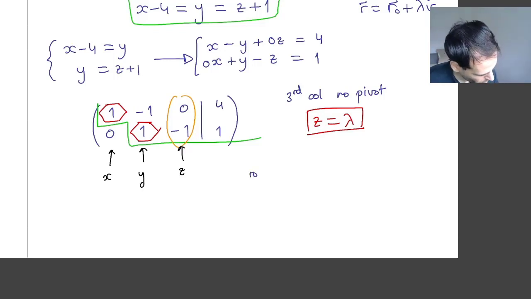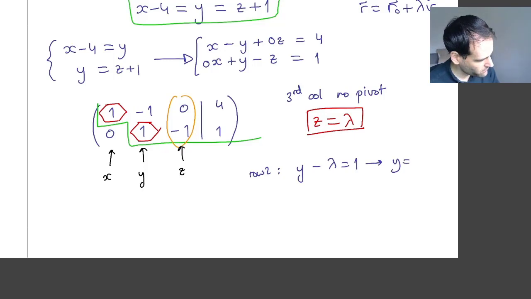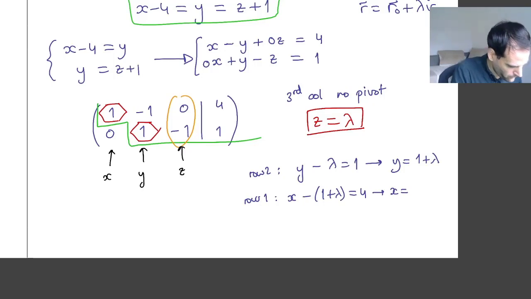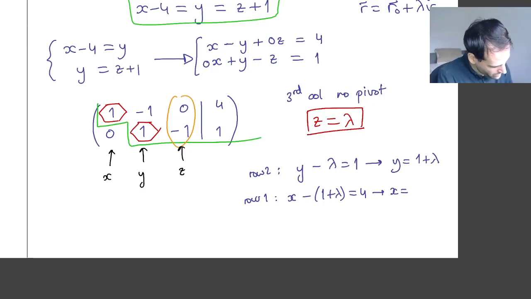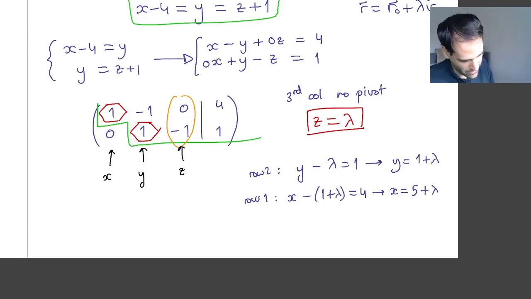Row 2 is telling us that y minus z, which is lambda, equals 1. Therefore, y equals 1 plus lambda. And row 1 is telling us that x minus y, which is 1 plus lambda, equals 4. Therefore, x equals 4 plus 1, 5, plus lambda. So x equals 5 plus lambda.